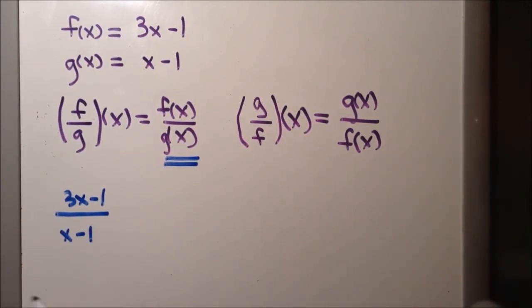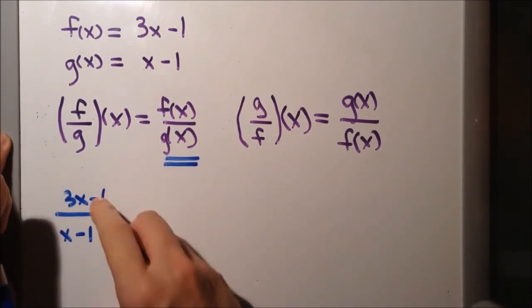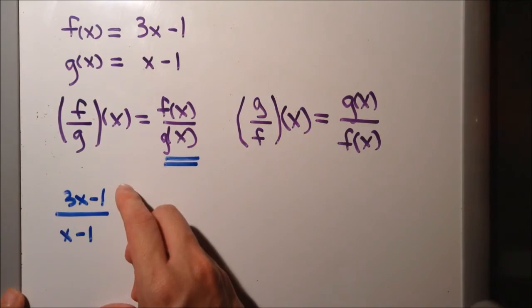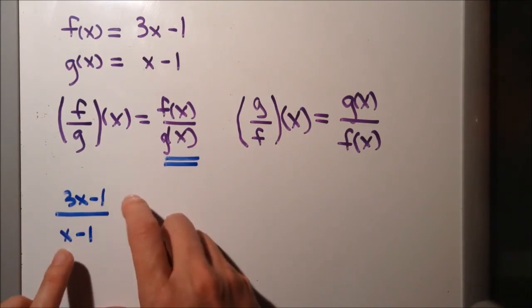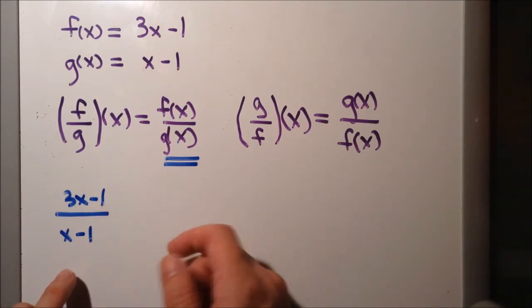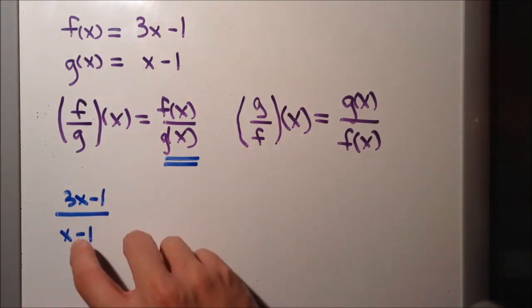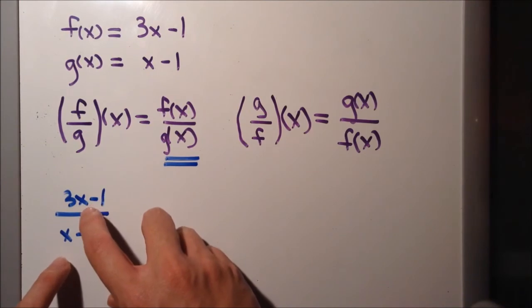So we're almost done because there's nothing you can simplify. Now, again, we can't cross anything out because there's an operation. So when there's an operation, minus or addition, we cannot cross out the 1's and we cannot cross out the x.